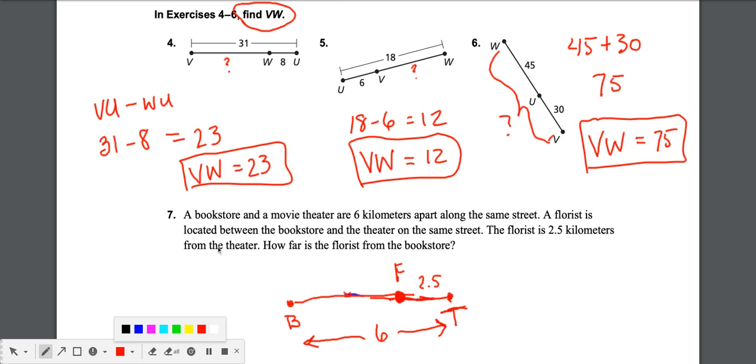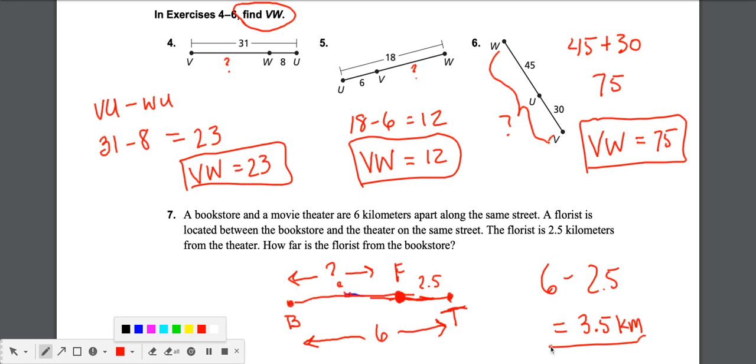And so it says, how far away is the florist from the bookstore? And you would do 6 minus 2.5. And you can see from our picture right here that we have 6 total, 2.5 from the theater. So this particular distance is what we're looking for right here from the bookstore to the florist, and we subtract. And so that should be equal to 3.5 kilometers.